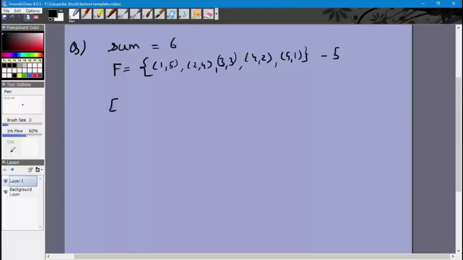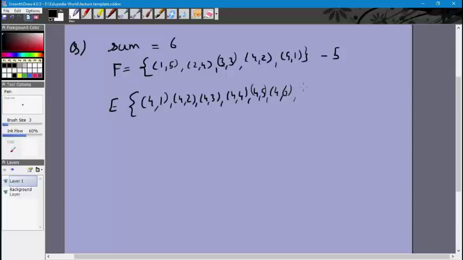What about E? E is given to us to be the event such that the number 4 occurs at least once. So let's say the first one had a number 4. So we would have 4 1, 4 2, 4 3, 4 4, 4 5, 4 6.